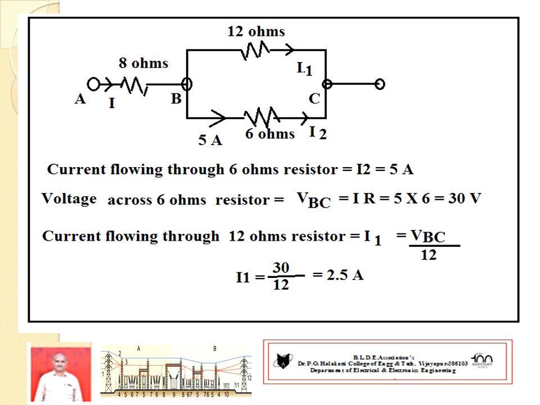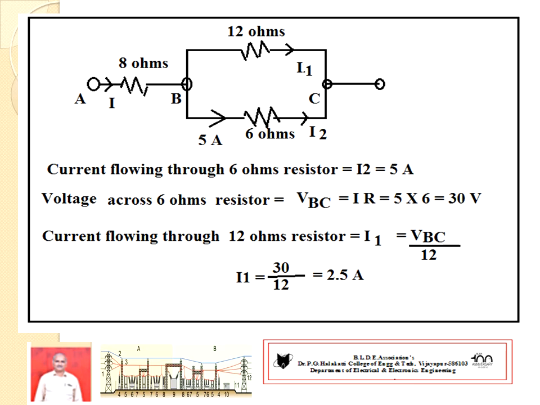Now once again you redraw the circuit. Let us assume the total current flowing through the 8 ohms is I, and I1 is the branch current flowing through the 12 ohms. I2 is the second branch current. It is given as 5 ampere, I2 equal to 5 ampere.